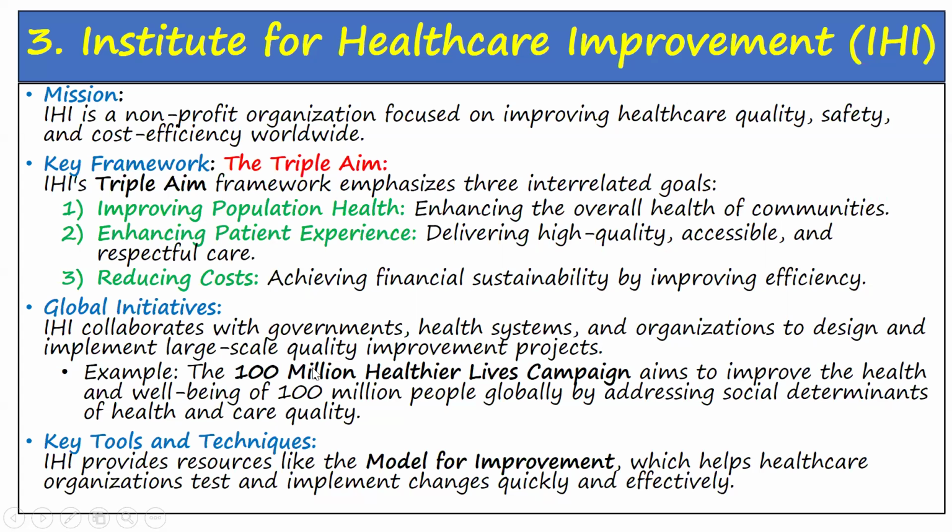For example, they have the 100 Million Healthier Lives campaign, which is aimed at improving the health and well-being of 100 million people globally by addressing social determinants of health. The key tools and techniques: these institutes provide resources like the models for improvement. They normally also provide guidelines or kits, which help healthcare organizations test and implement changes quickly and effectively.